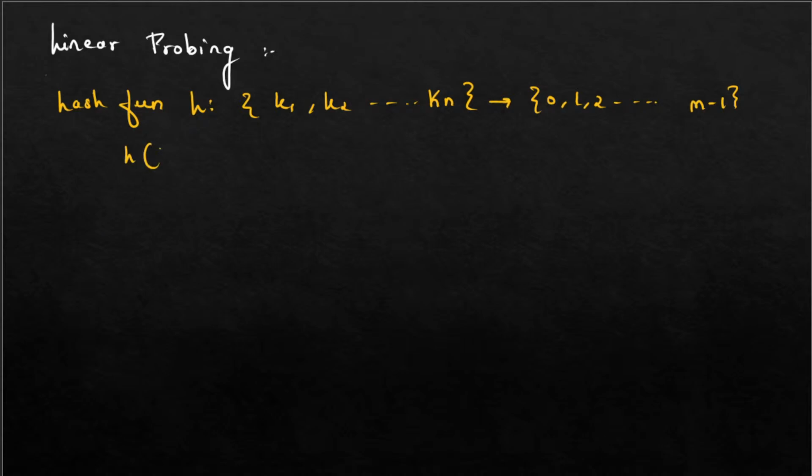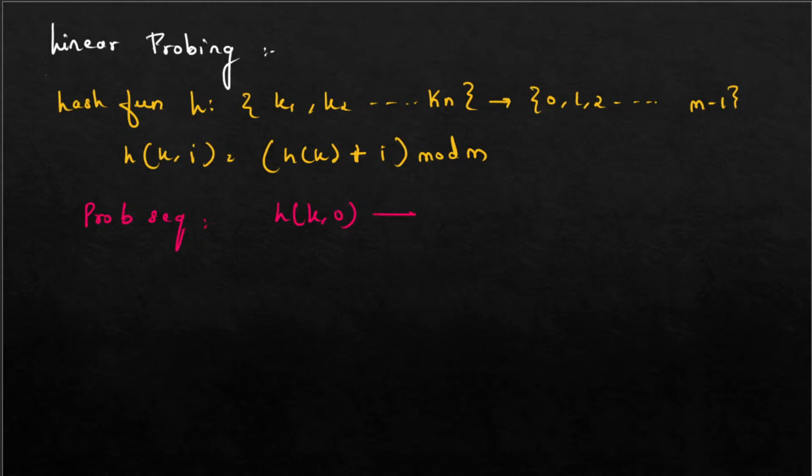So here h(k, i) is equal to (h(k) plus i) mod m. Okay, and the probe sequence will be, let's say, h(k, 0), h(k, 1), h(k, 2) and so on. So what will be the sequence?